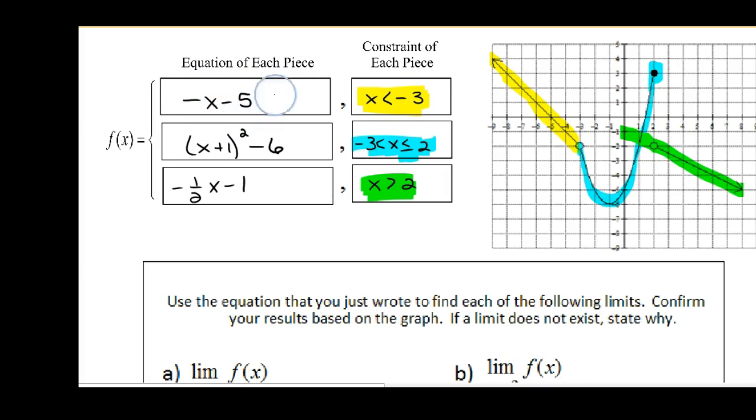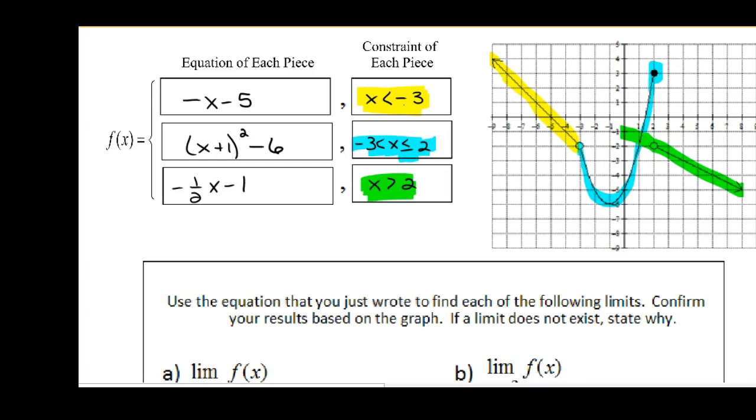So I would evaluate for this piece, and I would plug -5 in here. If I were evaluating for -4 or -3.5, all of those limits would fall into this equation piece, these constraints less than -3.